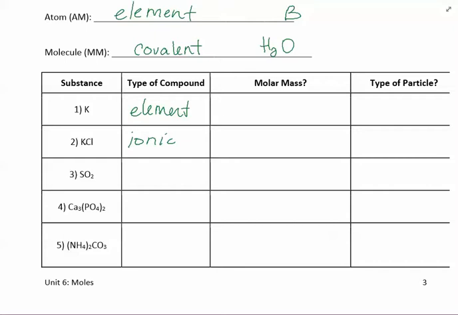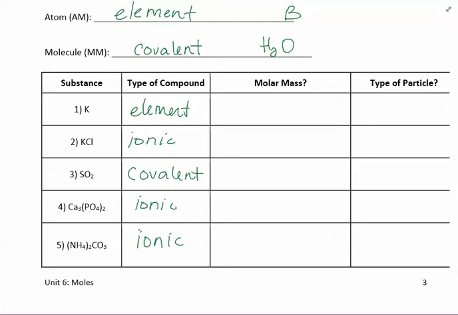SO2, S and O are both nonmetals, making this a covalent substance. Ca3(PO4)2 is an ionic substance. Calcium is considered a metal. Phosphate is a nonmetal. And then ammonium carbonate is also an ionic substance. We have 2 ions coming together.